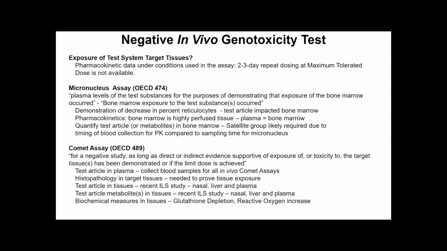So if you go negative in vivo, you've got to be able to do tissue exposure. You've got to demonstrate that the compound is available to the systemic circulation. And for the comet assay, you've got to do tissue levels, histopathology, some kind of method that you can use. Typically, it's a bioanalytical method to show that the compound is in the tissues, it reached the tissues, and was absorbed.